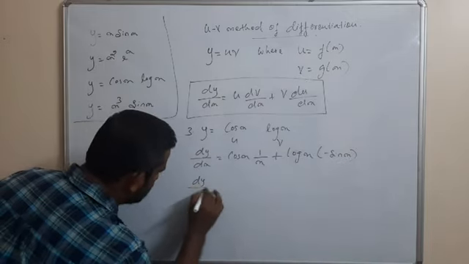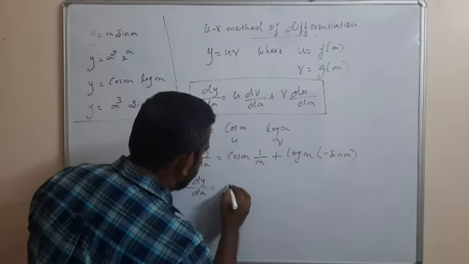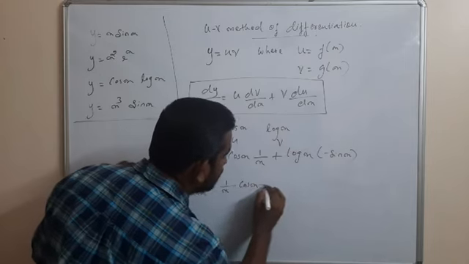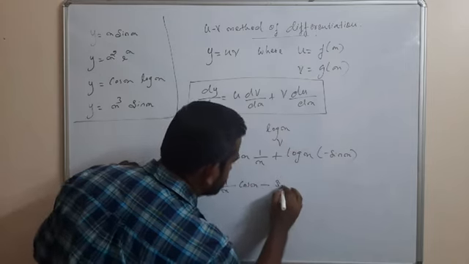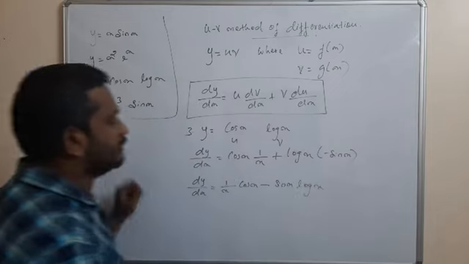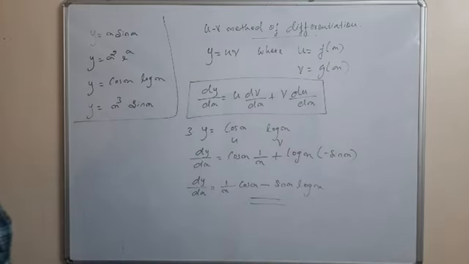So dy by dx equal to 1 by x cos x minus sin x log x. This is the answer.